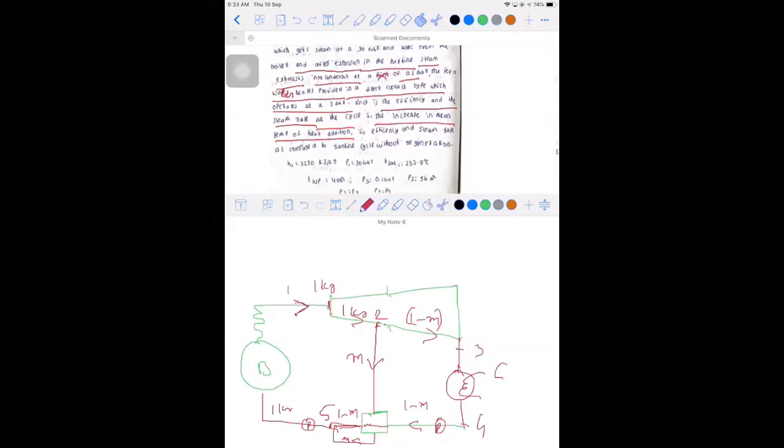At this point we are going to remove m kg, and thereby the remaining 1 minus m kg is expanded from 5 bar to 0.1 bar, the condenser pressure, and in the condenser it will get condensed. The condensate will mix with this m kg in this heater.